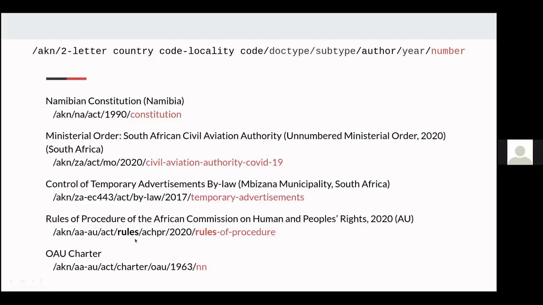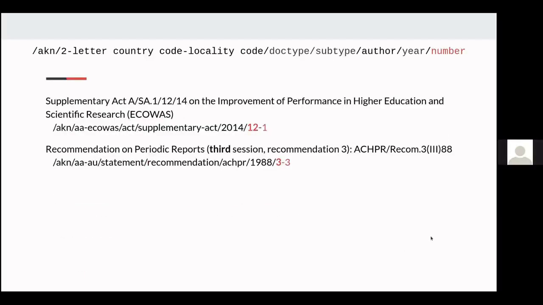And we wouldn't normally repeat rules, but because procedure wouldn't make sense by itself, we include rules of procedure. For the OAU charter, we could have used OAU-charter as a number, but because they're both already included, we just went with NN for that one, which is the last line fallback for when there's no number according to the existing convention.